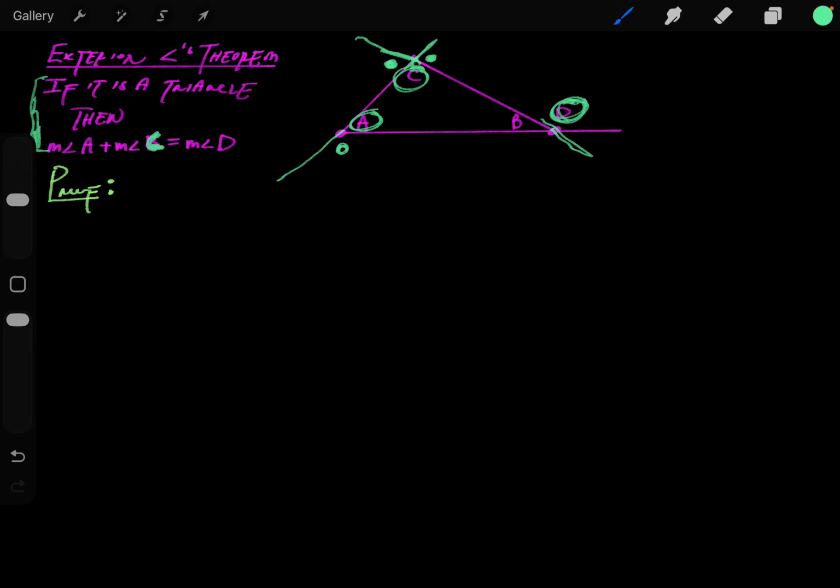Okay, so how do we do this? Well, we could say the measure of A plus the measure of B plus the measure of C is equal to 180 degrees. This is by the triangle sum theorem. The sum of the interior angles is 180 degrees by the triangle sum theorem.